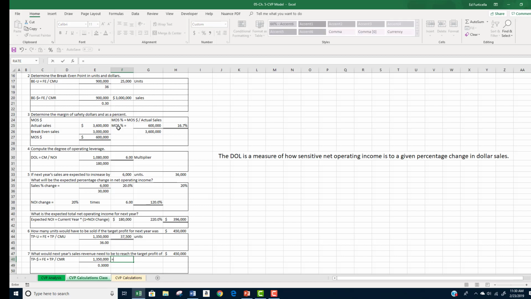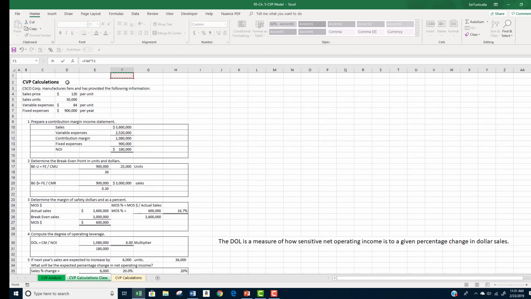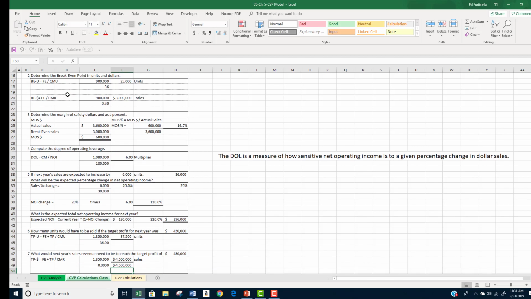Either way, you're going to get 30%. We divide, and we get $4,500,000 in sales. If we sell $4,500,000 worth of goods, we're going to get a profit of $450,000. Again, another way to do this would have been to take the 37,500 units, multiply it by the selling price of $120 per unit, and we get $4,500,000.